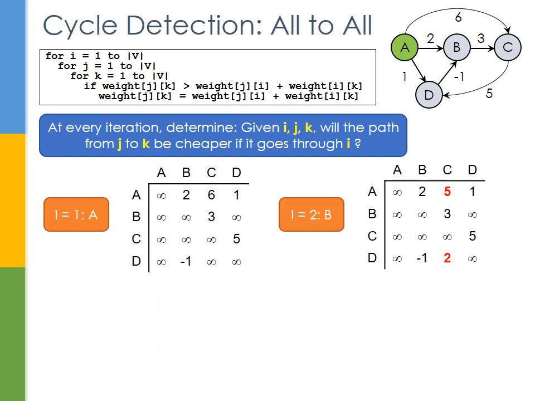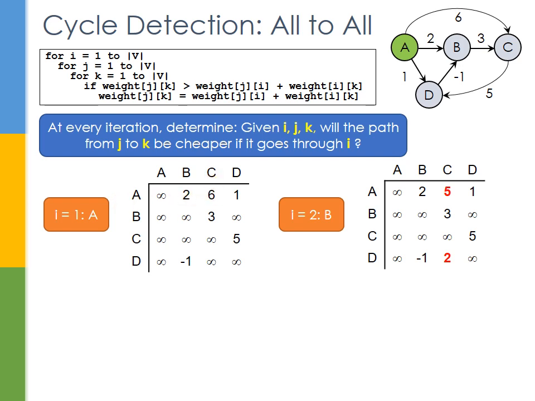So if we move on to the second iteration of the outer loop, i takes on a value of 2, which means that we're working with vertex B in this case. So we're testing to see, are there any paths that if they go through vertex B, we found a shorter path. So we can see that if we move from vertex A to vertex C, on the previous iteration, the shortest path was 6, and you can see that's reflected in the adjacency matrix for the previous iteration with that value 6 at the intersection of A and C over there.